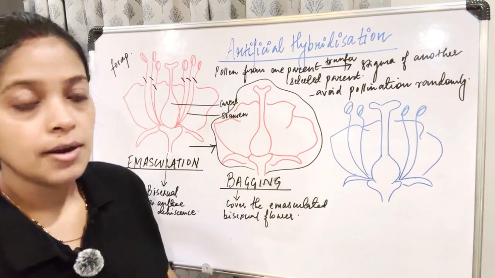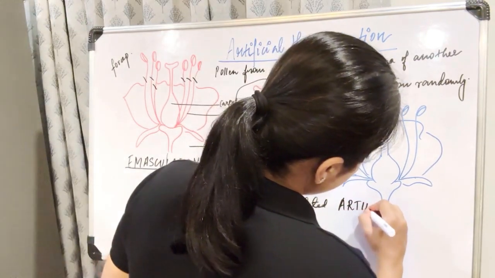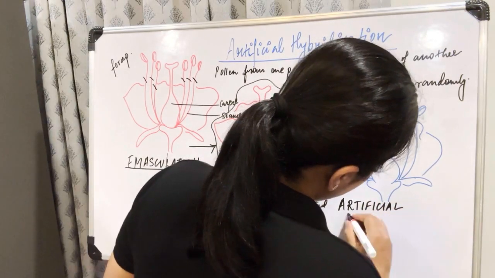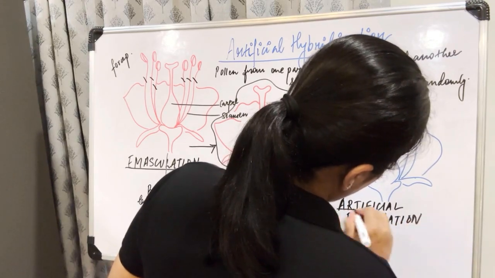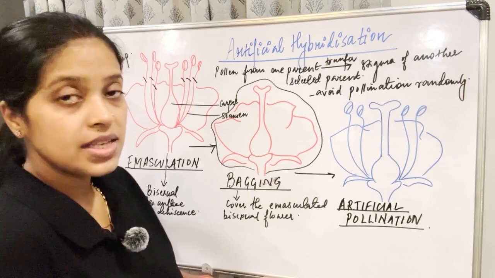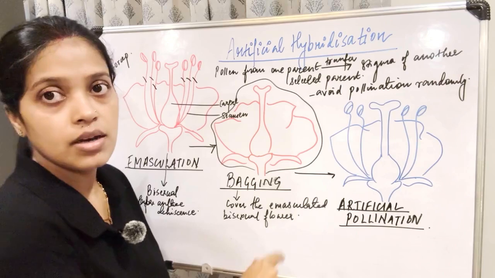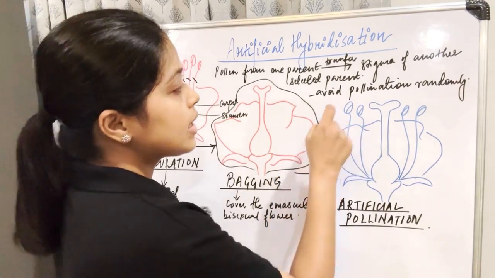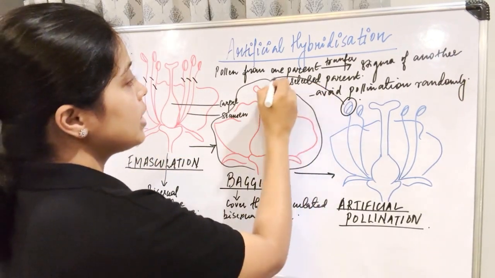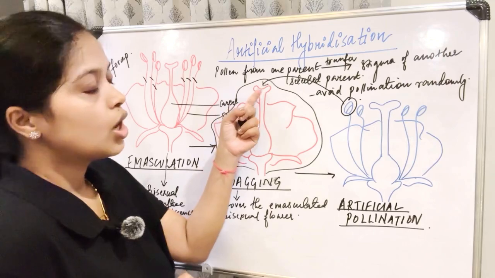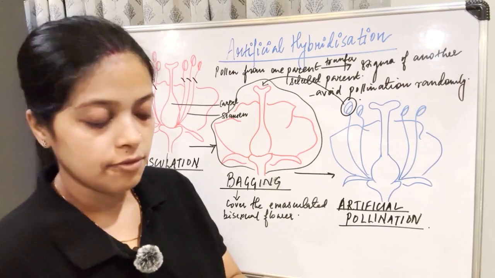The bagging step is done, and after that we move to artificial pollination, which means we collect the pollen from another plant and transfer it to the stigma of this emasculated bisexual flower.